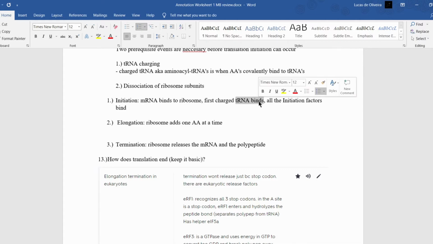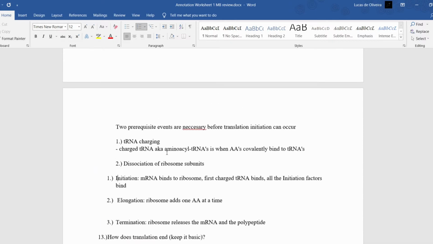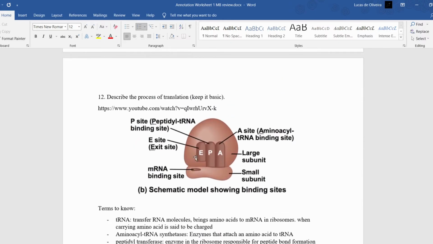That's methionine. It binds to the first start codon, which should be AUG. And then all of your initiation factors bind, and there's a whole plethora of them for eukaryotes, and they're actually different in prokaryotes.